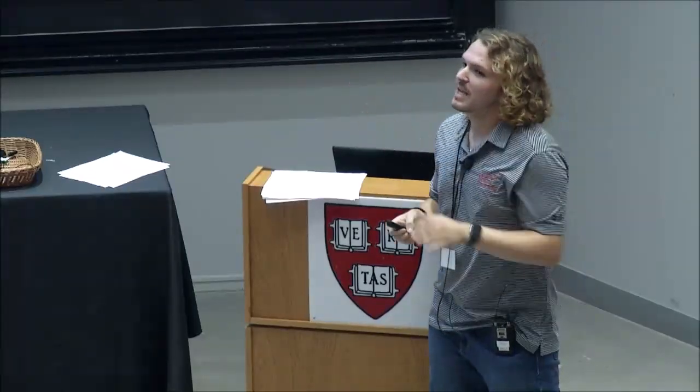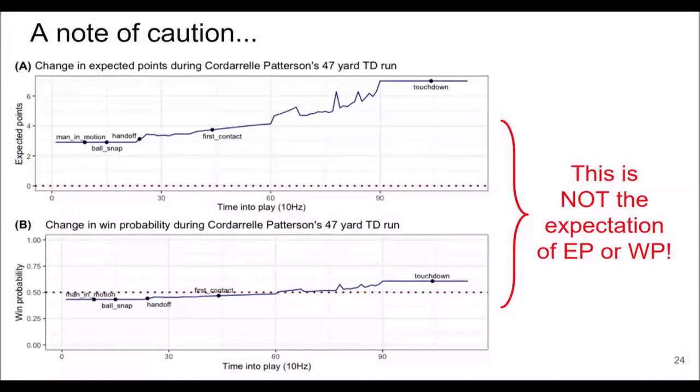These are not the expectation of the expected points and the win probability over the course of the play. Think of it this way: if the running back gains 1 more yard than expected, positive expected points might be meaningless in some sense. But if it's a 3rd and short situation and the running back fails to get the yard that I expect, now he's really going to be hit with negative expected points. So it's not really appropriate to just take in these point estimates and start observing expected points and win probability values.